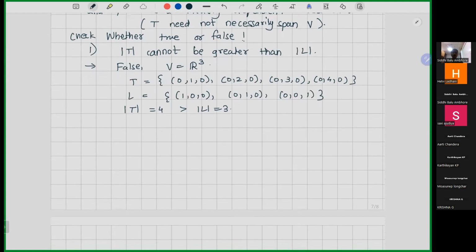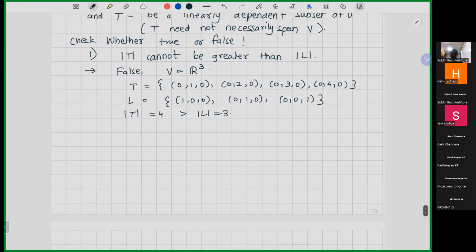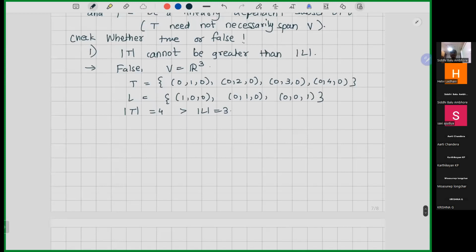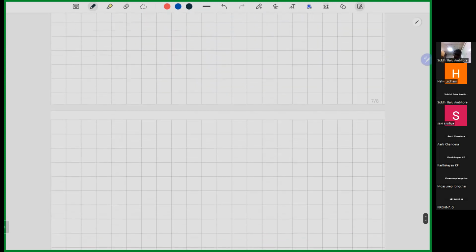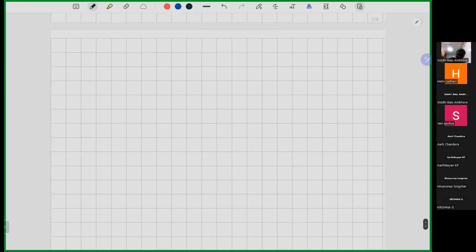This is not a very special example. We can have this in many different cases, and try to generate such examples to get hold of solving questions in the exam or for the assignments as well. So let me write on a new page that now they are asking that the cardinality of L cannot be greater than the cardinality of T. What is the guess?